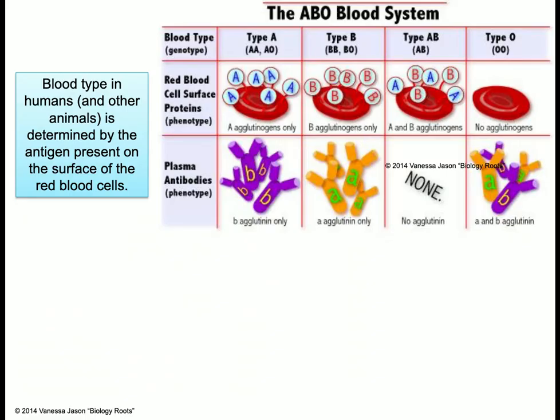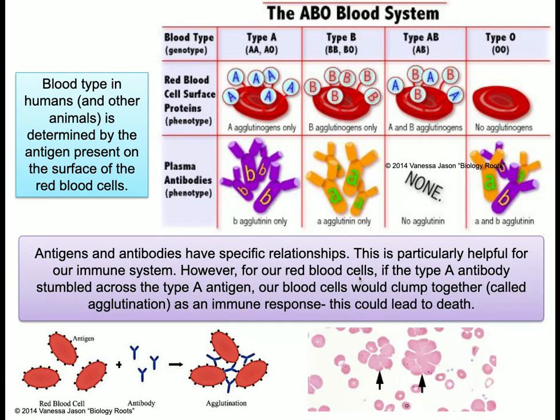Codominance. Here, back to that ABO blood system. A and B are codominant. So if one of your parents gives the A, the other one gives the B, you'll have type AB because they're codominant to each other.